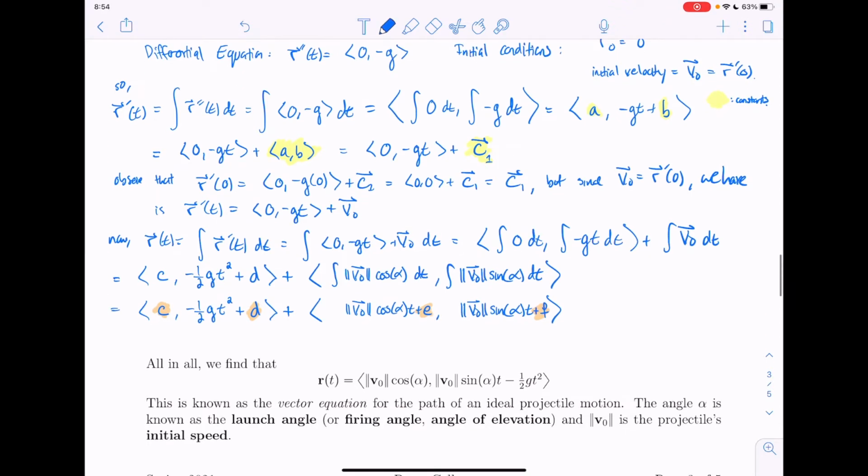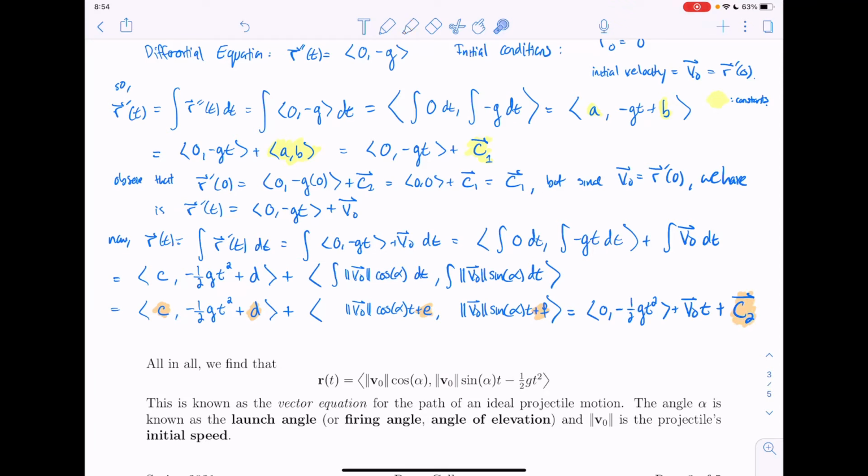And as a result, this is simply going to turn into the vector 0, negative 1/2 gt squared, plus what we're going to end up with here is just v naught with a little t attached to it. So this is going to be v naught with a t plus some constant vector. Let's call it c2, where c2 is made up of those constants c, d, e, and f.